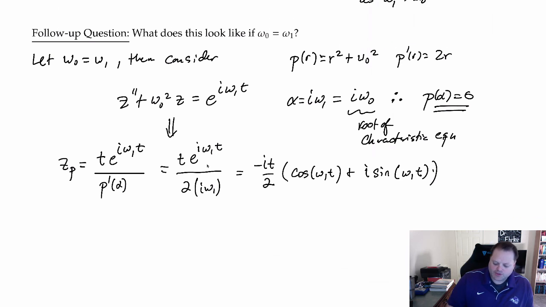And remember, we're still taking the real part of this because this e to the i omega 1 t came from having a cosine on that right-hand side. So we're still going to look at the real part of this complex solution. And so if you look here, the real part of this complex solution isn't the cosine anymore. It's actually the sine, because if you take i times i squared is negative 1 times the negative that's already there. The real part of this turns out to be t over 2 sine omega 1 t.